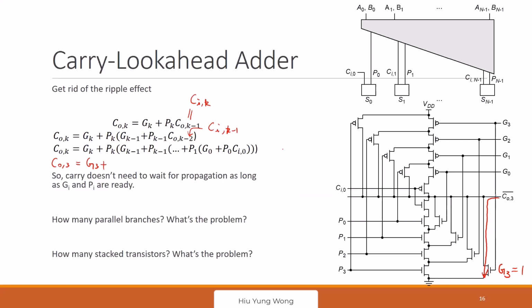But I also have another path to get low. I can do this also. Now, can someone tell me what this means?